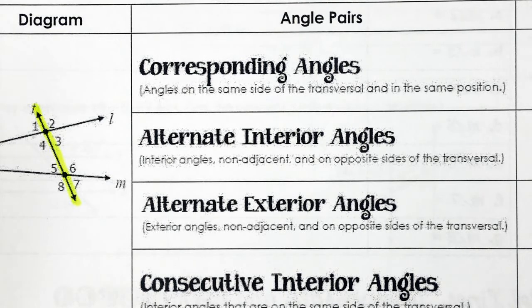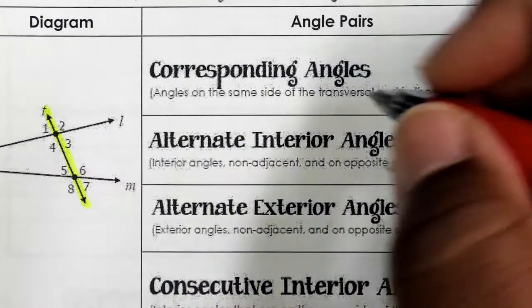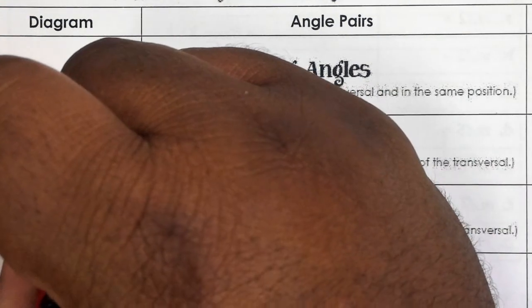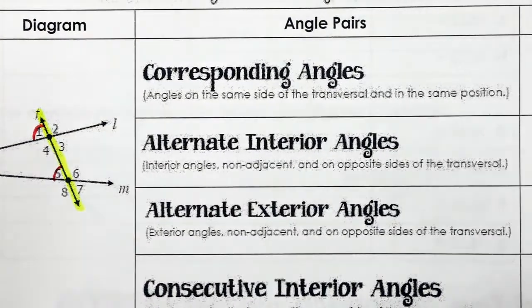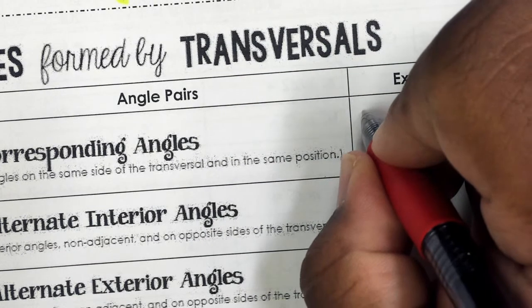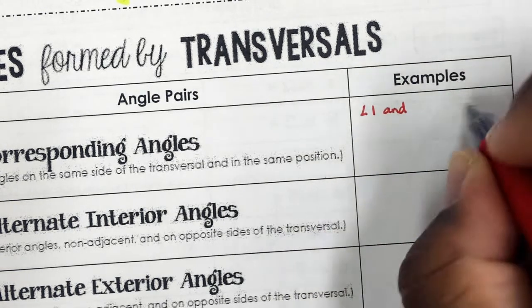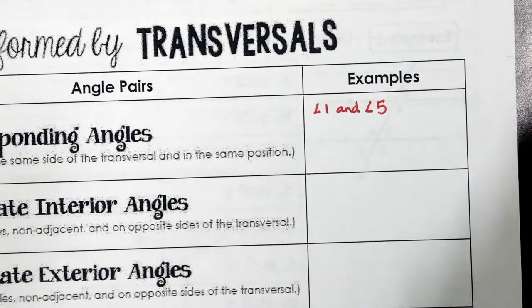I'm going to give you examples of the corresponding angles. I'm going to indicate one on the actual figure, and then I'm going to write all of them on the side. So on the figure here, angle 1 that I'm marking in red, and then angle 5 that I'm marking in red as well, would be considered corresponding angles. So angle 1 and angle 5 would be considered corresponding.